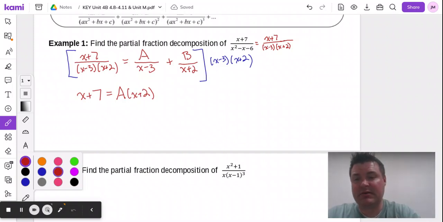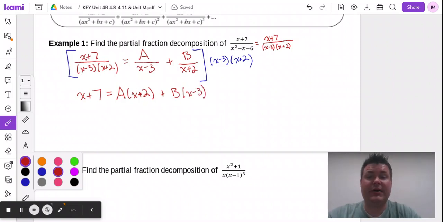And for the B fraction, the x plus 2 is canceled out, so I get plus B times x minus 3. So really, that's the hard part. Now all we have to do is figure out what A and B are.